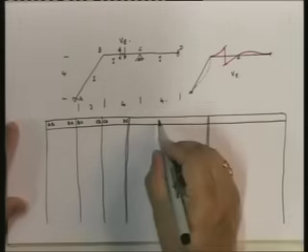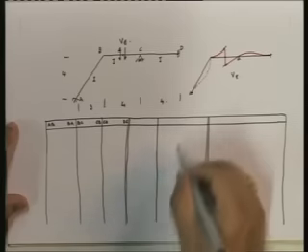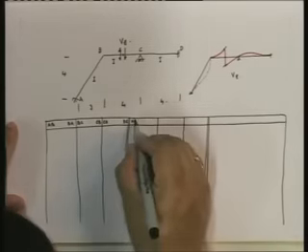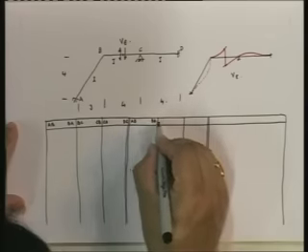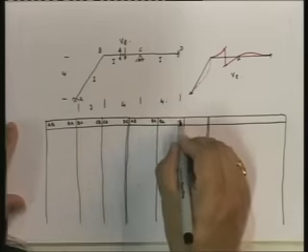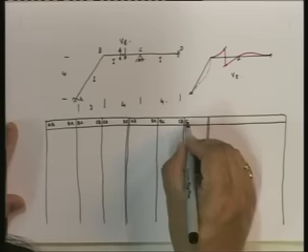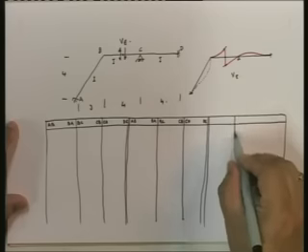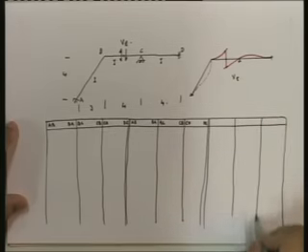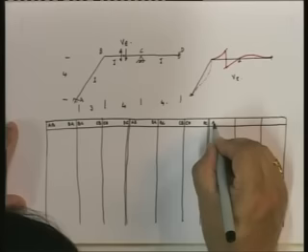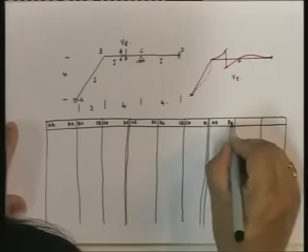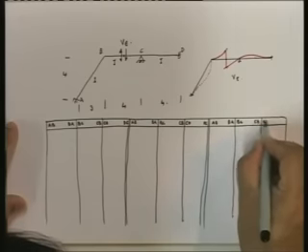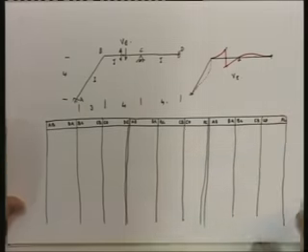Then again this one is going to be the same, AB, BA, BC, CB, CD and DC, and finally the last one AB, BA, BC, CB, CD and DC.